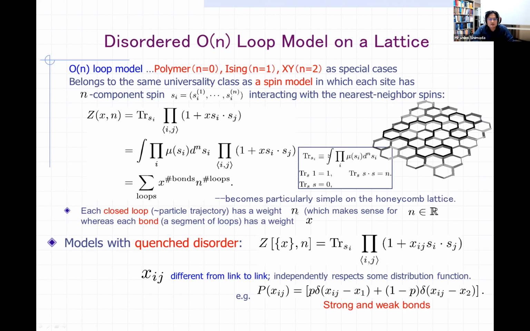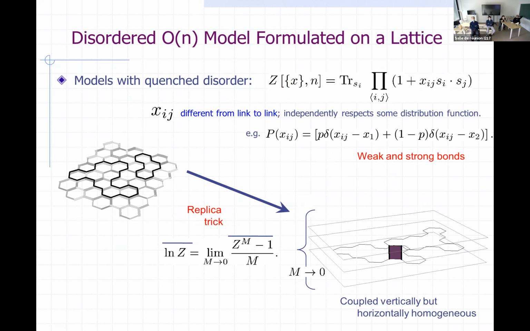Okay, so the next step. In order to analyze this, we use the celebrated replica trick. By this, we obtain models that have interlayer coupling between replicas, but are horizontally homogeneous.